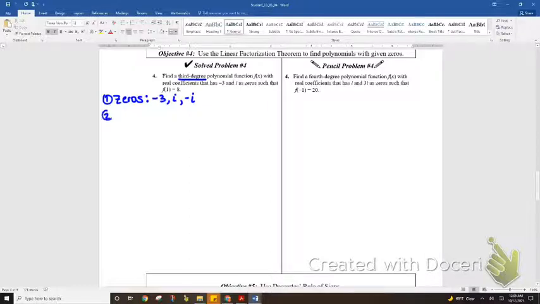Alright, then what we're going to do is write these as factors. So the negative 3, excuse me, is going to give us x plus 3. The positive i is going to give us x minus i, and the negative i will give us x plus i.